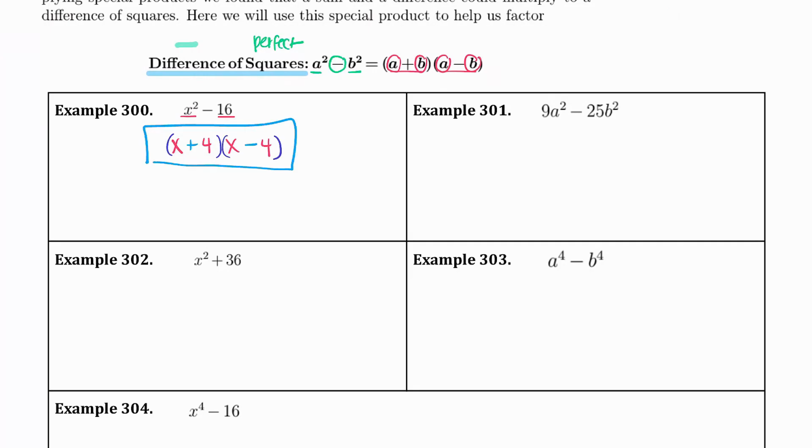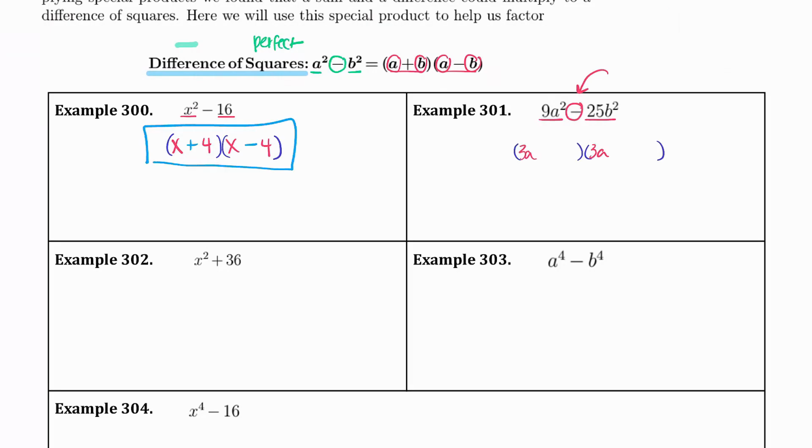Okay, same thing on 301. I'm going to draw my two binomial factors here. We notice that 9a squared is a perfect square. 25b squared is a perfect square. And it's a difference. This is really important here. We'll see one that does not work later. So if we take the square root of 9a squared, we get 3a.